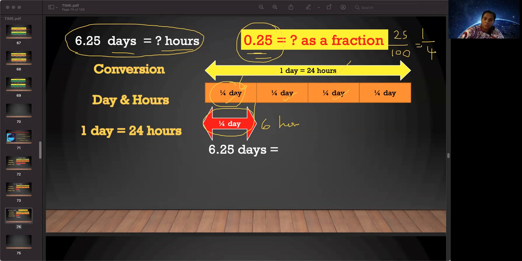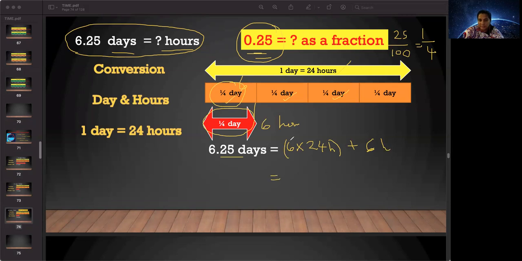Now, how do you find 6.25? So you could take 6 multiplied by 24, because you know 1 day is 24 hours. So 6 days must be 6 times 24 hours. Put a bracket and add your quarter day. Your quarter day is 6 hours. So over here, you'll have your 6 hours.